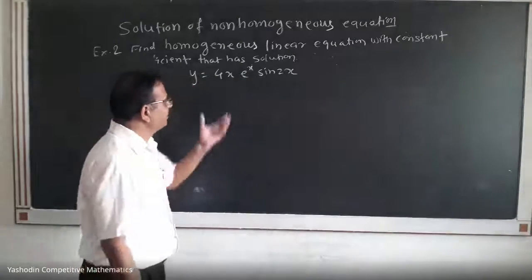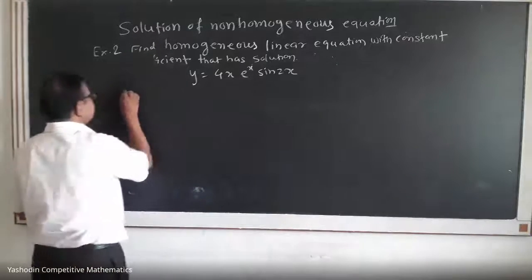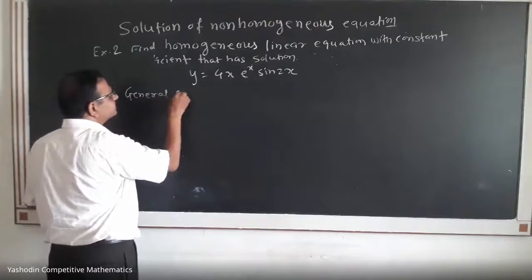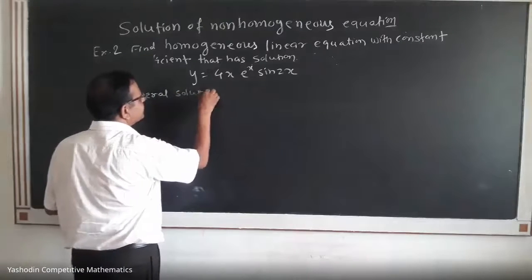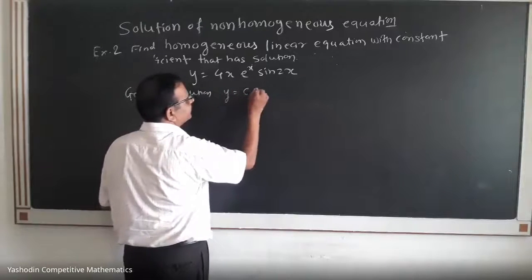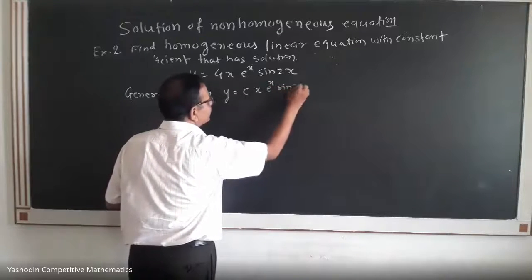Here there is only one term in the solution. And its general solution is, what is the general solution? y equal to C x e raised to x sin 2x.